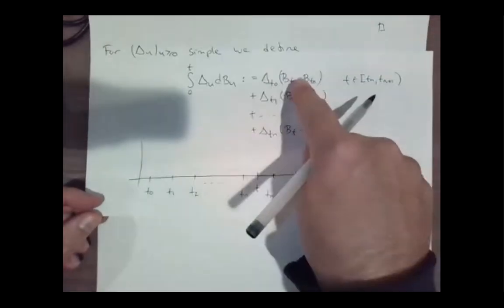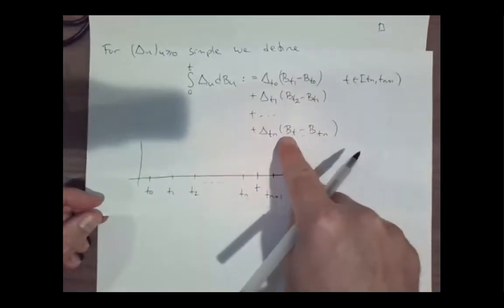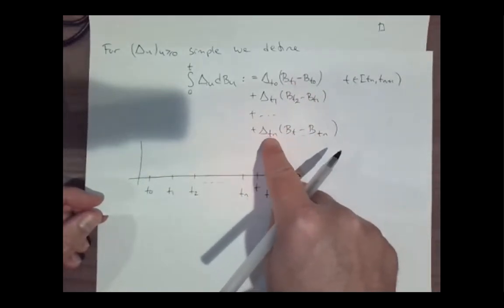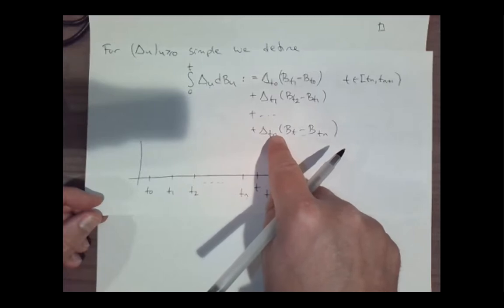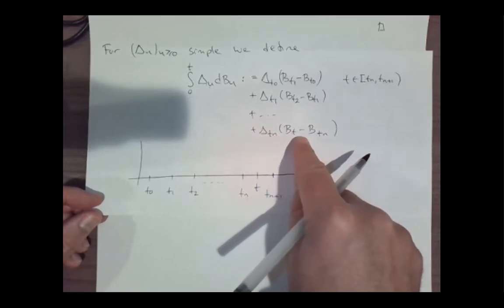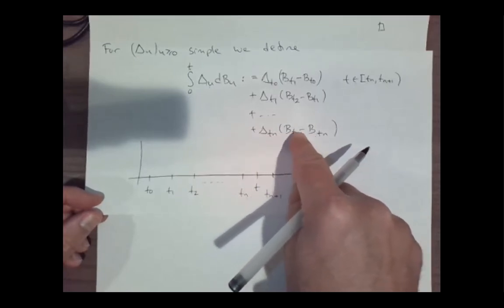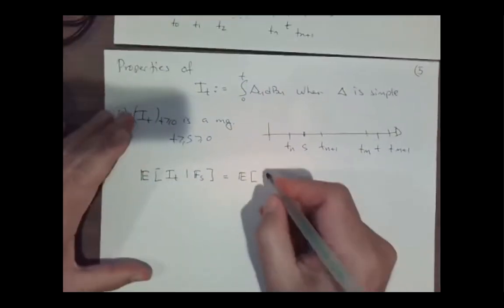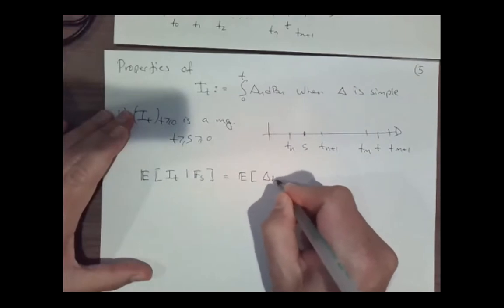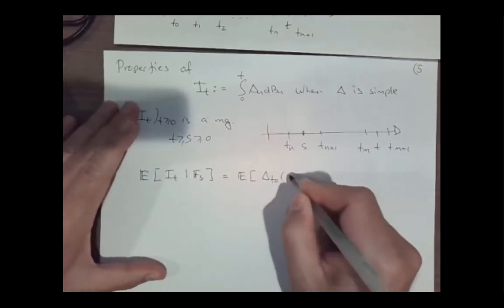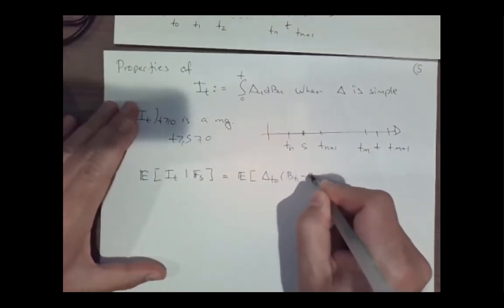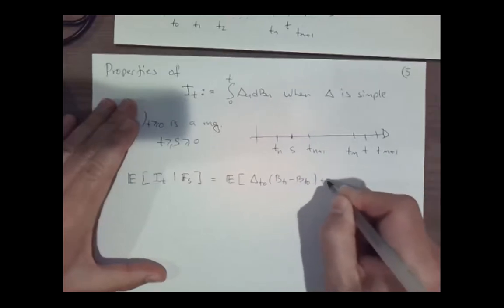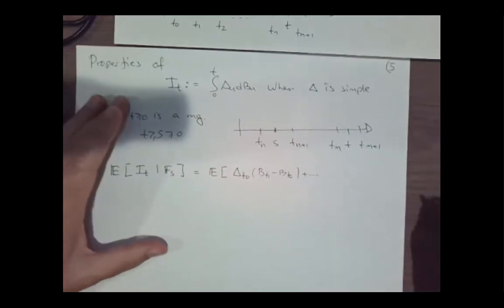So we will go with all these terms all the way up to the last one, which will be Delta tm times B(t) minus B(tm). So let's start by writing that: Delta t0 times B(t1) minus B(t0), plus a bunch of terms.